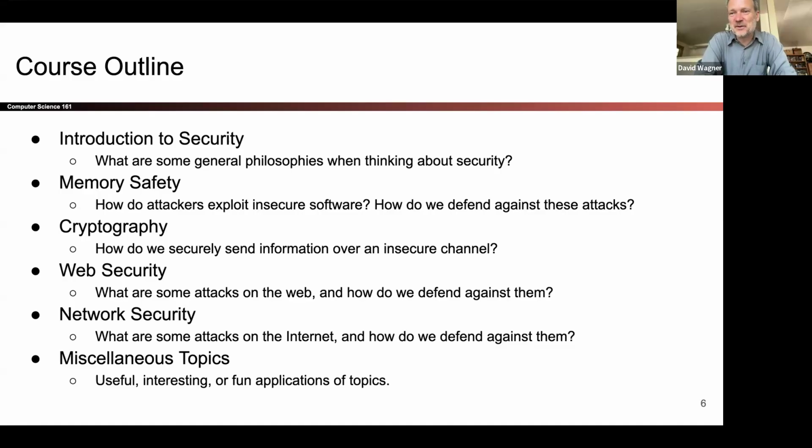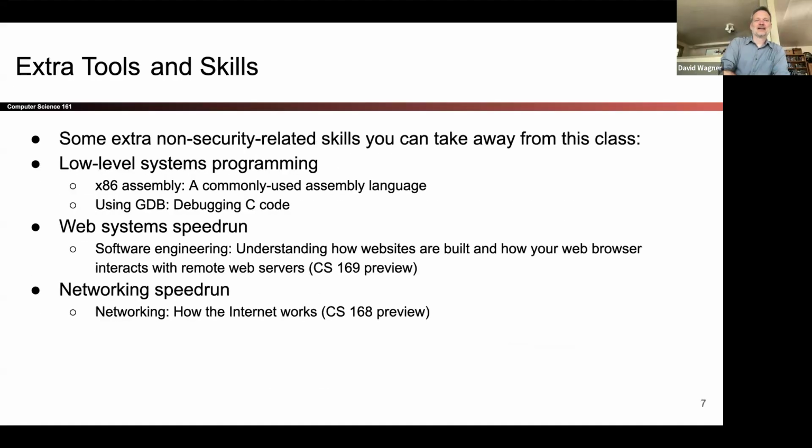So hopefully that'll be useful even if you never again want to touch security the rest of your lives. And then along the way, maybe you'll also learn some practical skills, like get a little bit of hands-on experience with x86 assembly language, with using GDB for debugging, for learning how memory layout is and how programs work and other stuff. Okay, so I hope we get to have some fun in this class too.